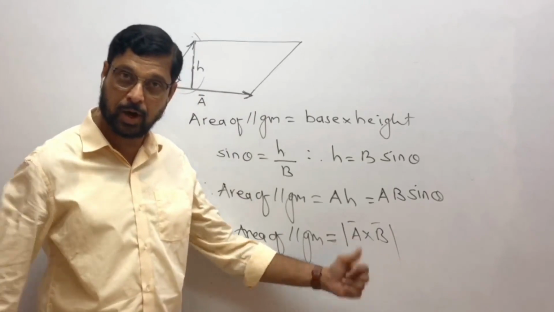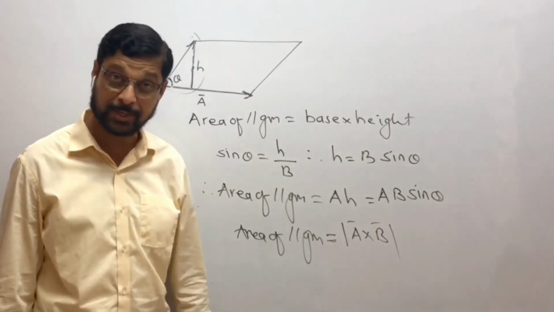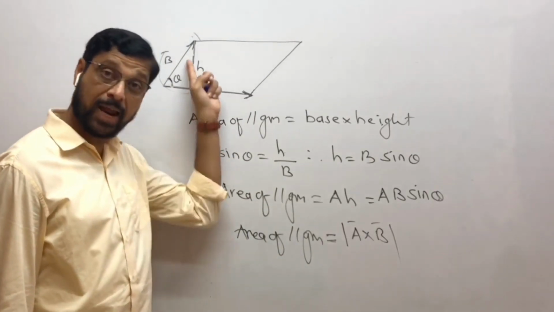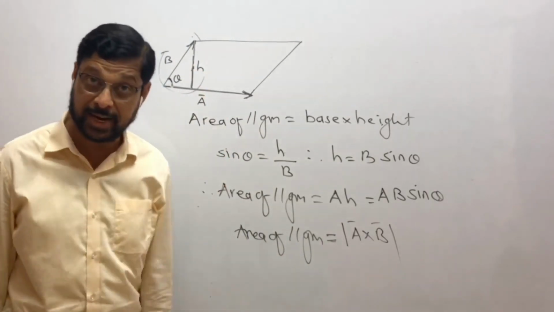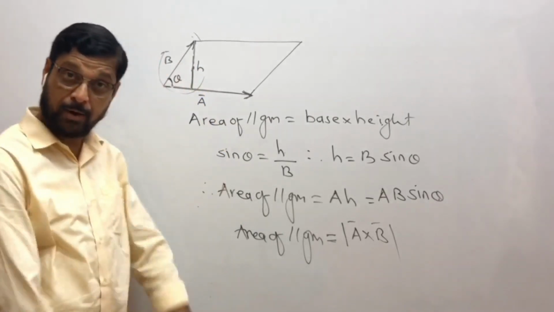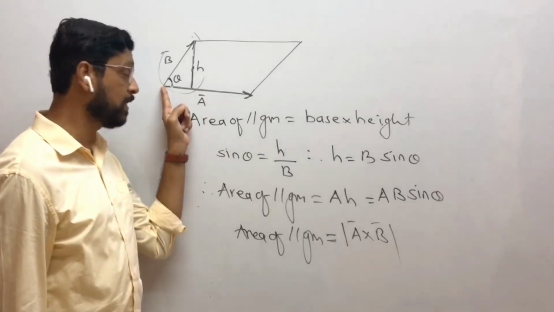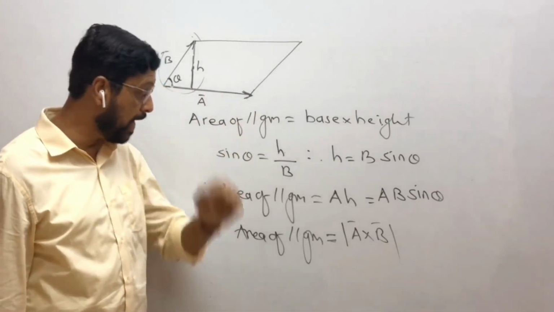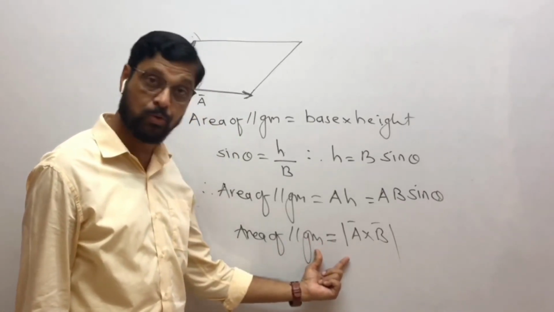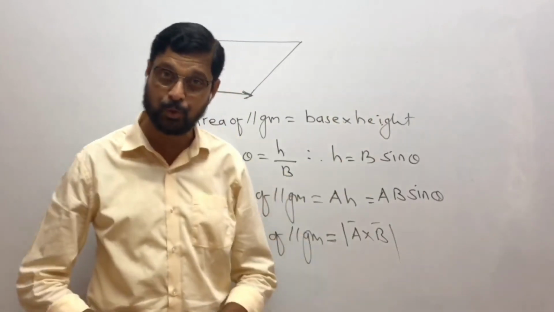So this is the last characteristic of cross product, that if two adjacent sides of a parallelogram are represented by two vectors starting from the same point, then area of the parallelogram is equal to magnitude of cross product of the two vectors.